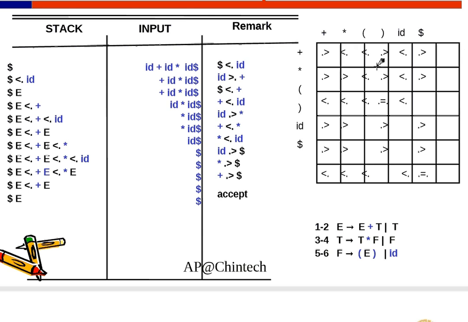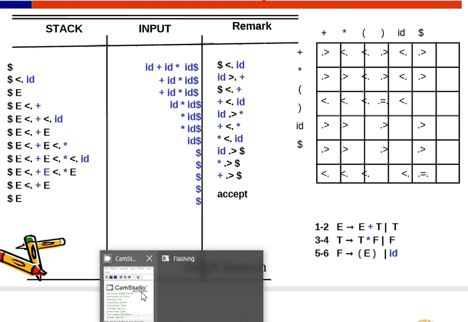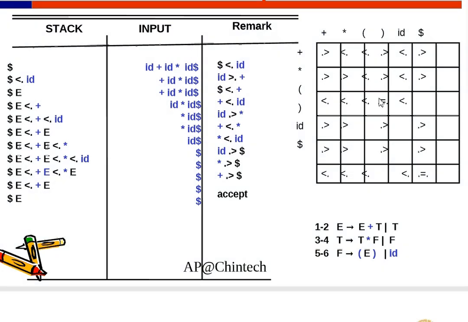Okay, so initially the stack contains dollar only, but the input string is your W dollar, that is id plus id into id. So first of all you are going to check what? The top of the stack, A, is dollar here, and your b is id here, right?